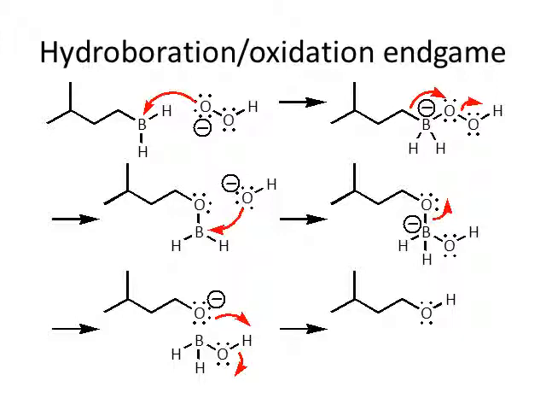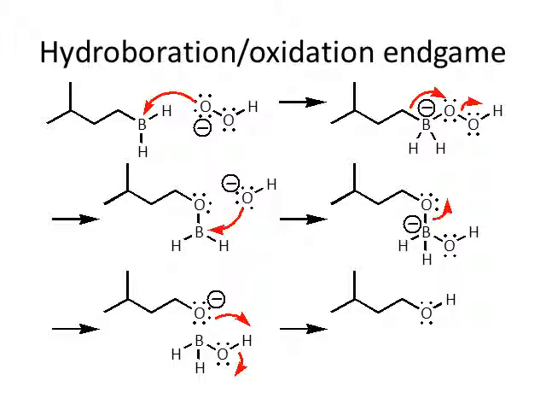I am not going to belabor how this happens because I really want to focus on what's similar and how we can understand the reactions of alkenes to pretty much go with this motif: pi bond reaches out to electrophile, nucleophile adds to the other side. But the second half of this reaction, the borane, when it's treated with basic hydrogen peroxide, the boron gets replaced by oxygen.